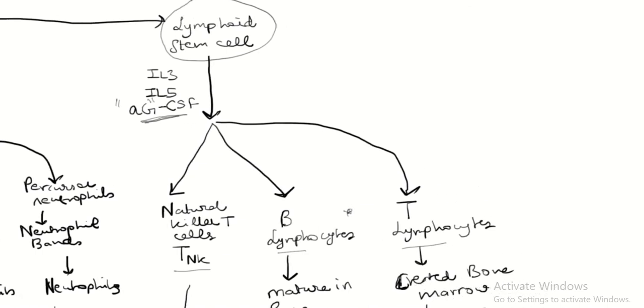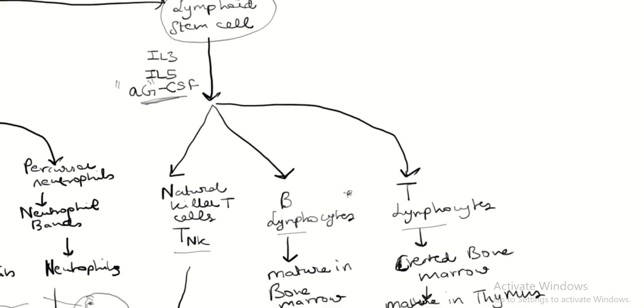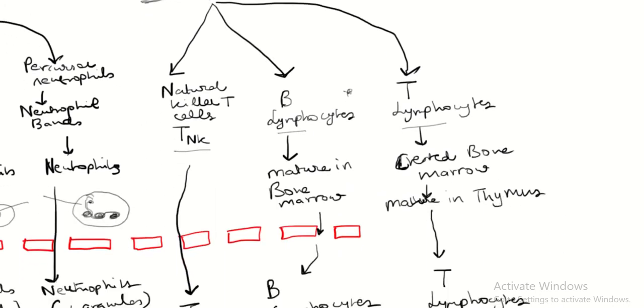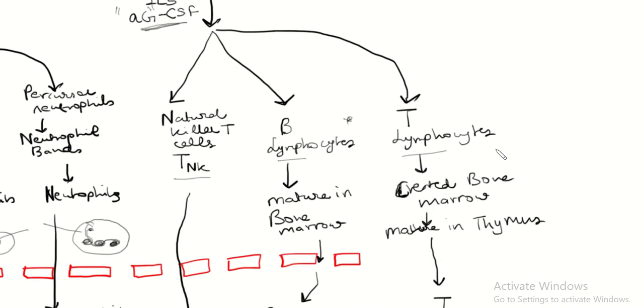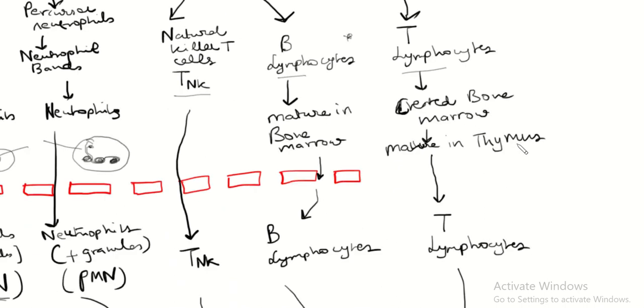Okay, so let's look at the last portion of this, which is the T lymphocytes. Again, we are giving the lymphoid stem cells a granulocyte colony stimulating factor. T lymphocytes are created in the bone marrow, however they do not mature in the bone marrow. B lymphocytes mature in the bone marrow.